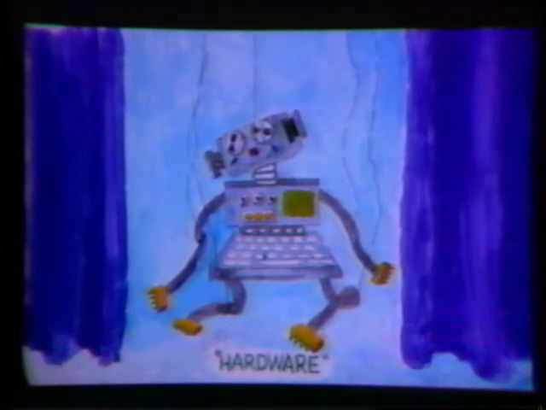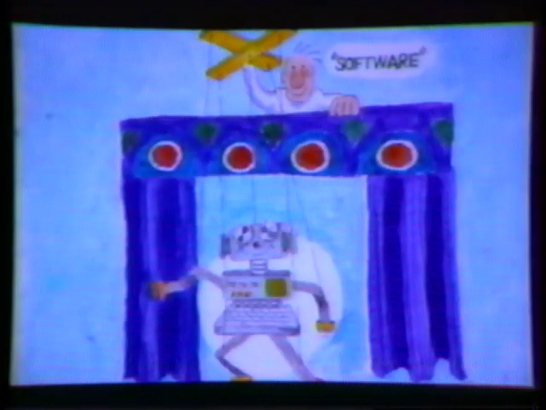It just sits there and does nothing. Software is what makes the computer come to life. It allows the computer to make decisions, to perform mathematics, to display images, to do all the things we expect it to do. In reality, the software is the most important part of the entire computer system.